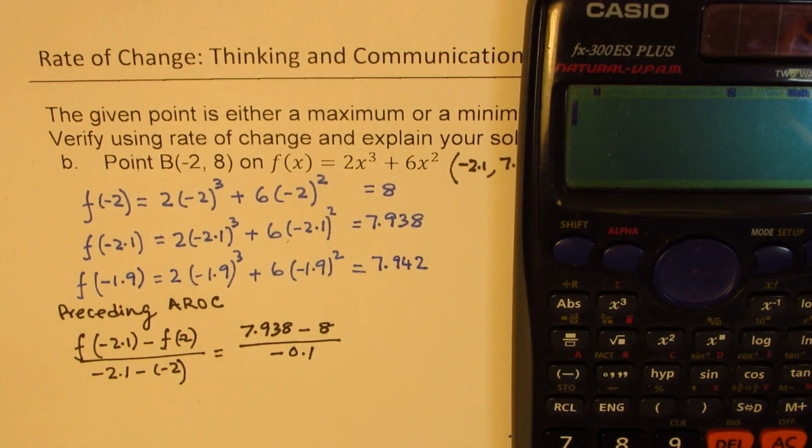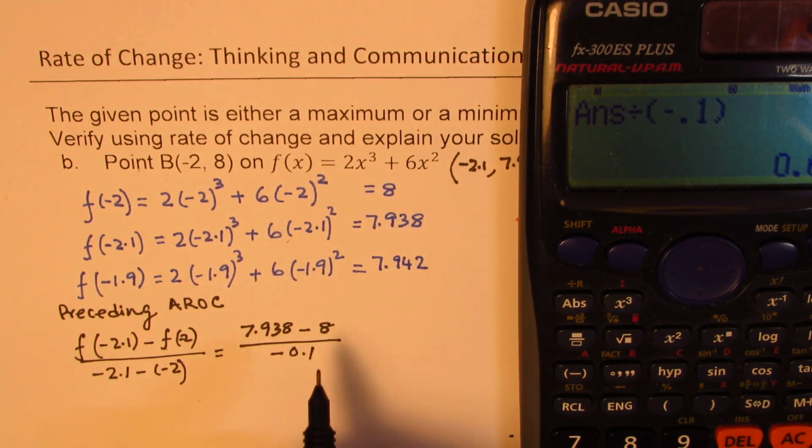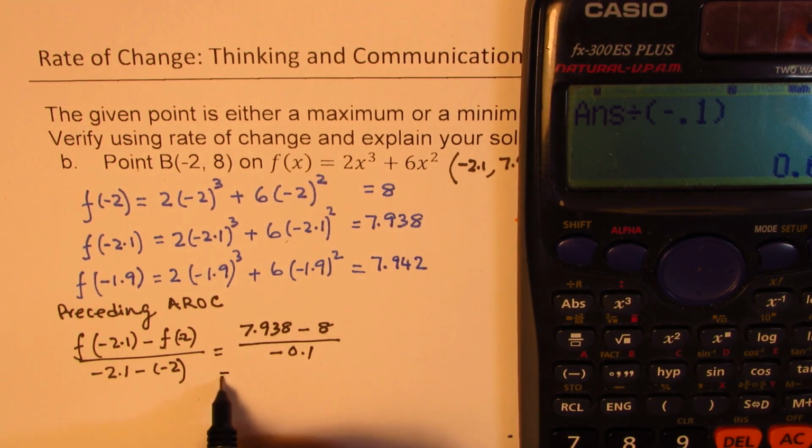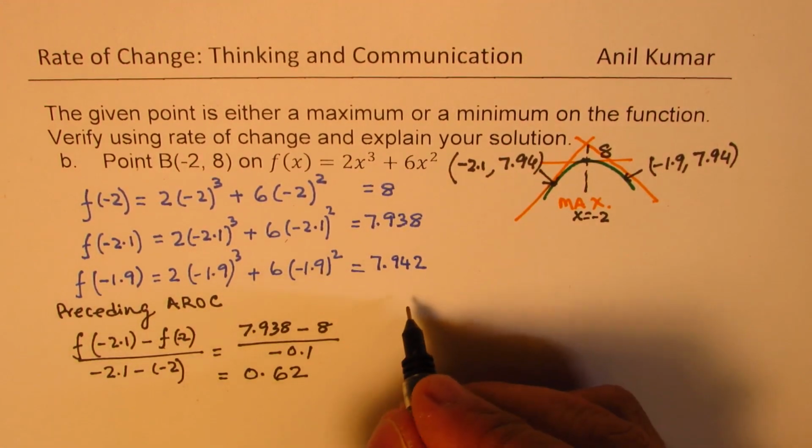We have 7.938 minus 8, and then we divide this by -0.1. That gives you approximately 0.62. It is positive, correct?